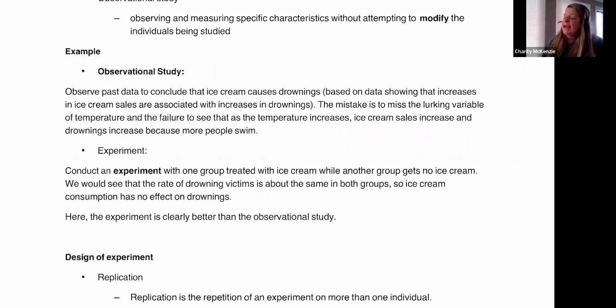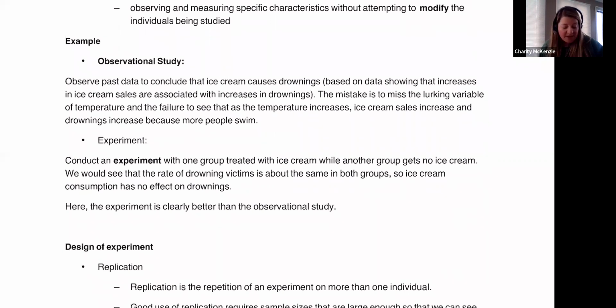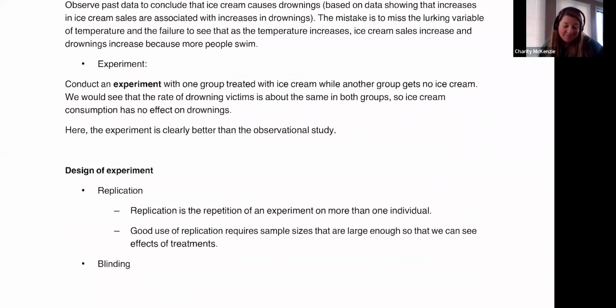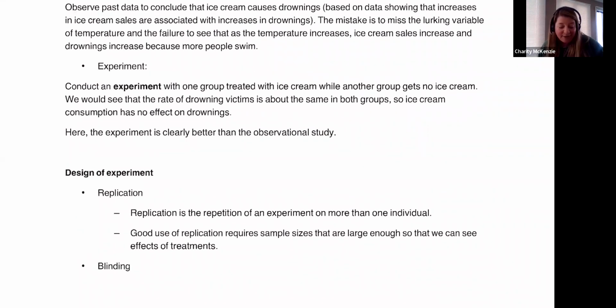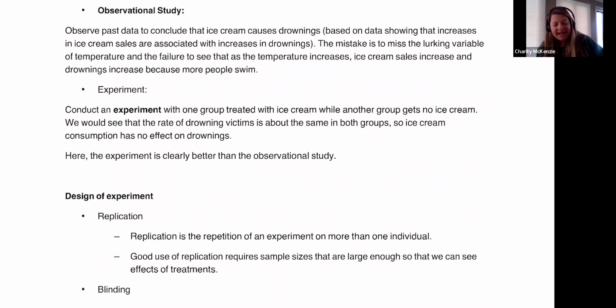Sorry, you don't get any. And then y'all go swimming and see who drowns, right? So that's the idea of the experiment. And clearly here, the experiment would be better than the observation. That's not always the way it is. A lot of good observational studies happen, but an experiment, you actually do it.